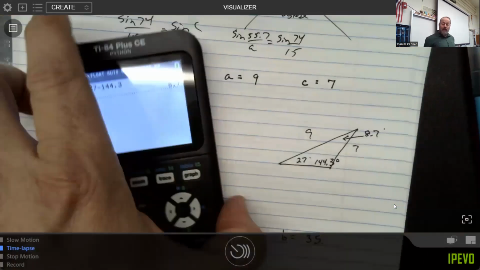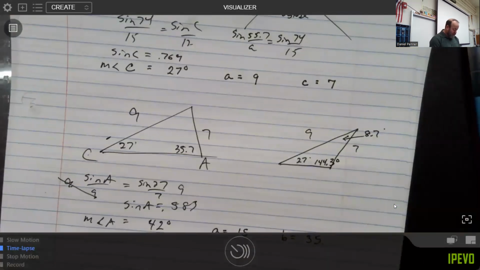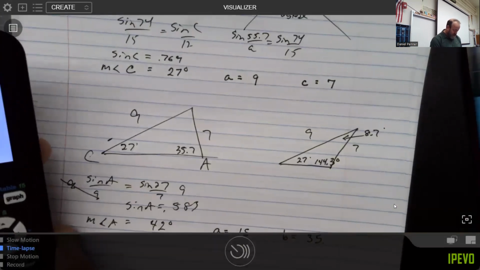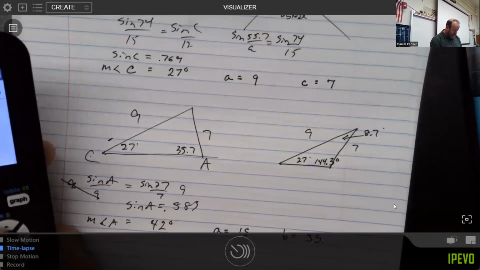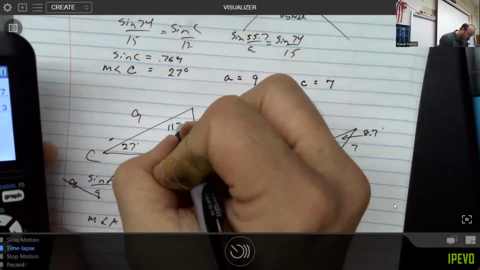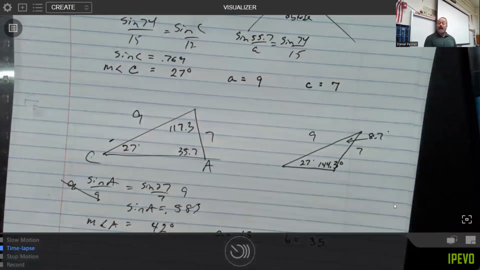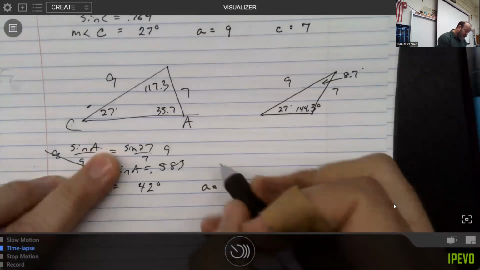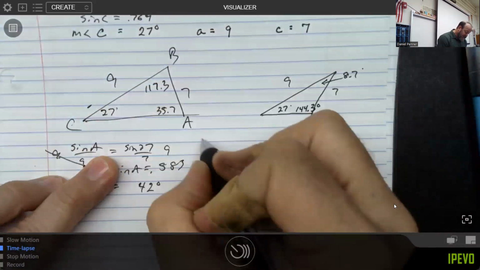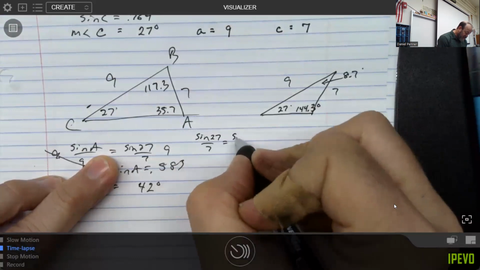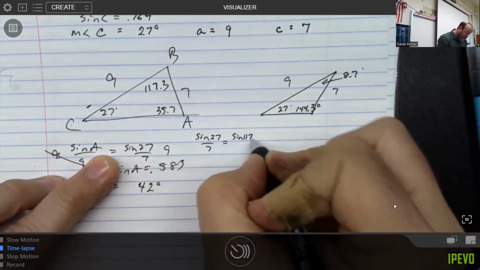There's no violation in this story. Over here, 180 minus 27 and minus 35.7, I got 117. These are two valid triangles, which means I can proceed further. I'm not going to do that in this video, but I could, again, solve by saying that the sine of 27 over 7 is equal to the sine of 117.3 over b.